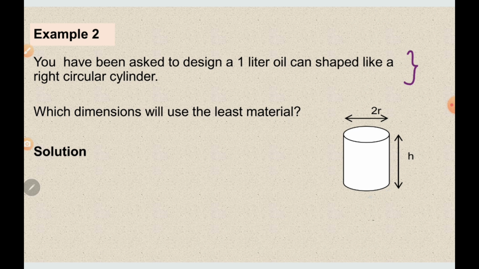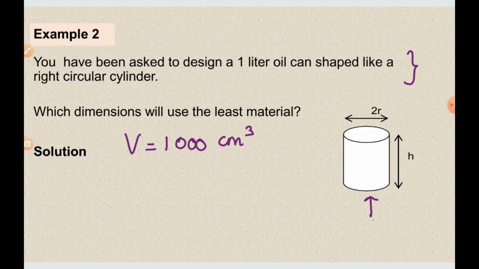For the diagram given here, you can imagine that the can is filled with 1 liter of oil, which means the volume for a right circular cylinder is given as 1000 centimeter cube. Okay, that is equal to 1 liter.